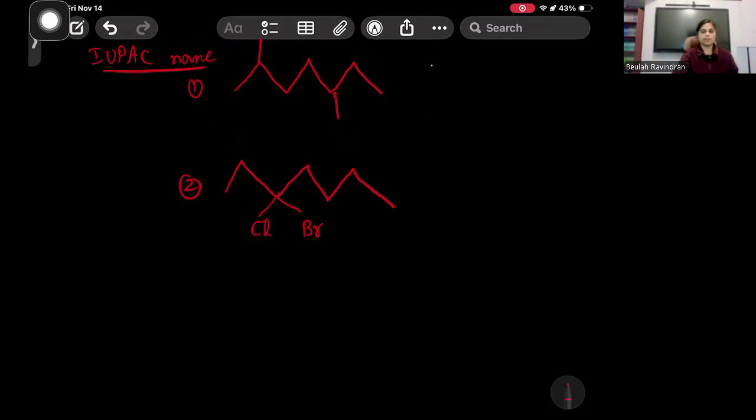Then suppose, instead of the structural formula, you are given Cl2, CH, CH2, OH. This also you can write the IUPAC name.